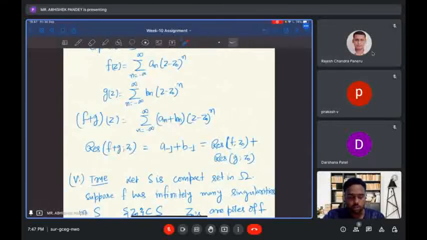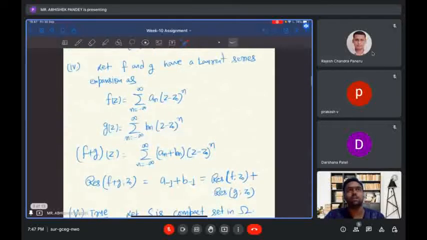Once you do it for f into g, there is some particular formula for this one. I'm unable to recall it, but you can go through the Conway book. I think it is given in the exercise chapter for f into g for a special kind, not in general.